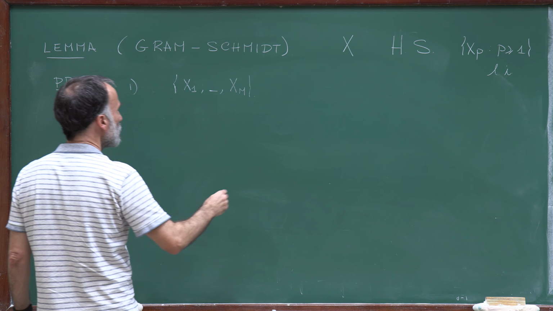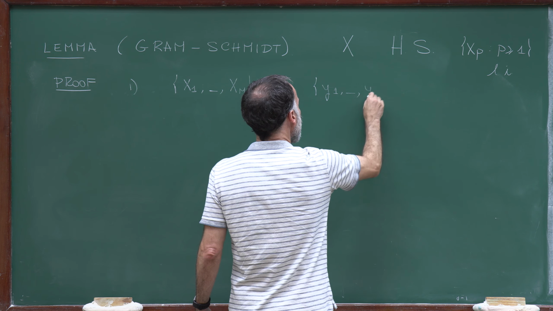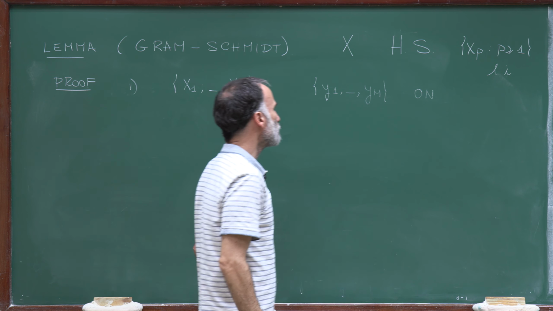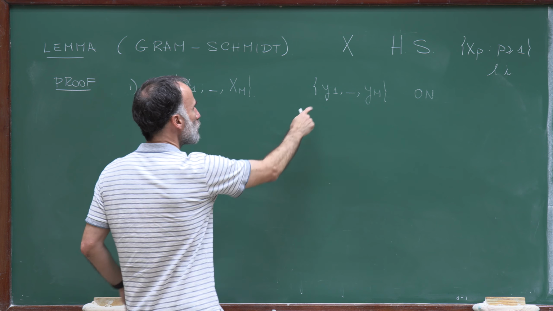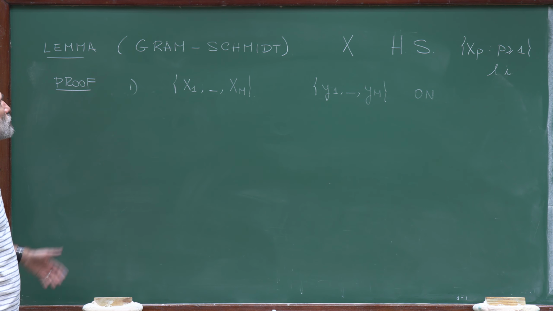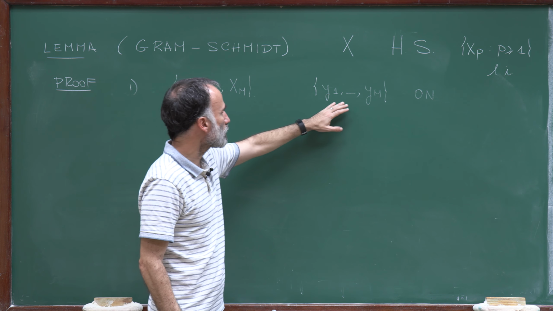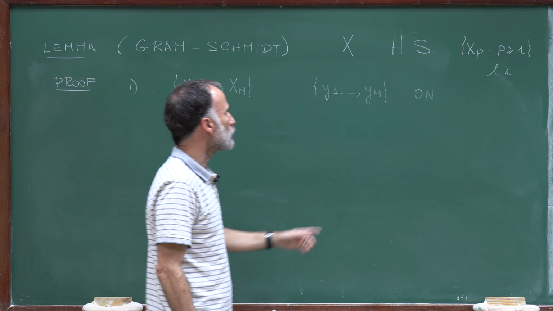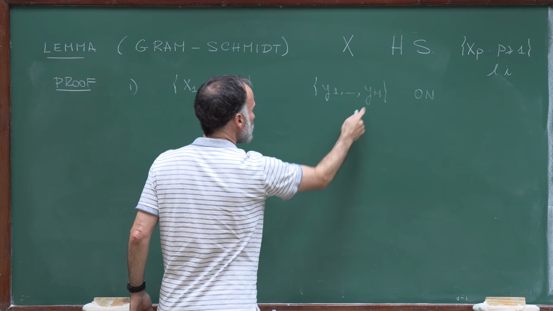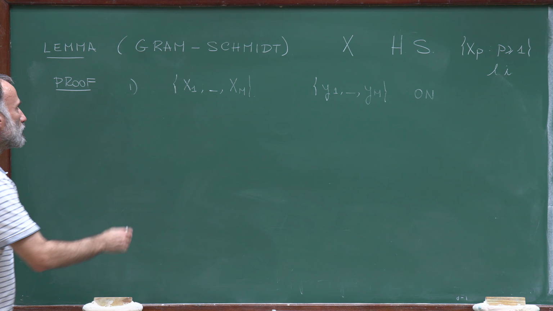What we did up to now is that we constructed a family y1 up to y_m, which is an orthonormal set, and the spans of these two sets are equal, and this proves the lemma. Because in the lemma, remember, we wanted to construct this family of orthonormal vectors whose span is equal, and we also wanted to show that the cardinality is the same. But by construction, we get the same cardinality.